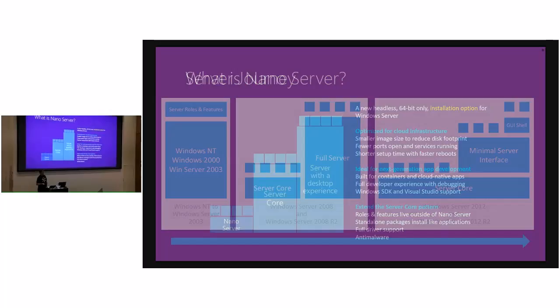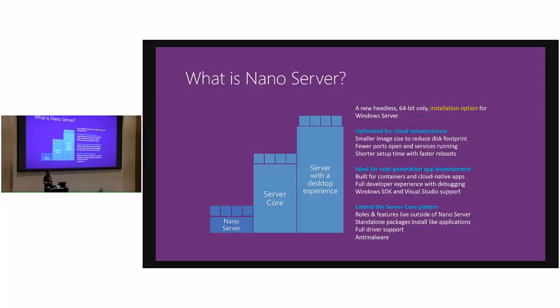But it was obvious that they are moving in the direction of creating a headless server, a server that will run without any GUIs, right? Because GUI should not belong on a server. They should be on a desktop, right? So we can use the GUIs on a desktop to manage our servers. So this is how we actually come to Nano Server.